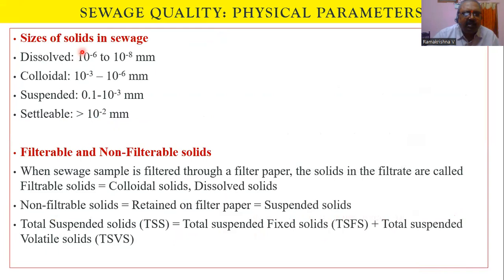Looking at the size of the solids, the settleable solids are greater than 10 to the power of minus 2 mm. Suspended solids are between 0.1 and 10 to the power of minus 3 mm. Colloidal and dissolved solids are between 10 to the power of minus 3 and 10 to the power of minus 8 mm.